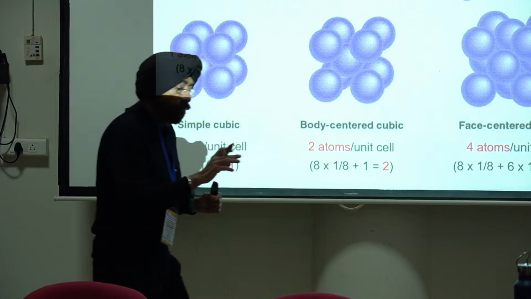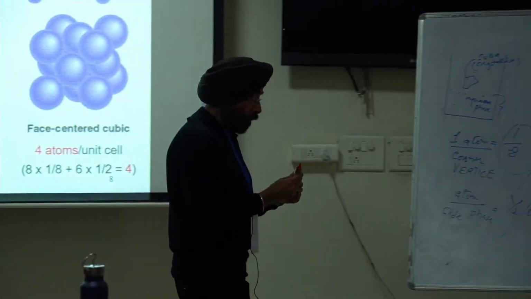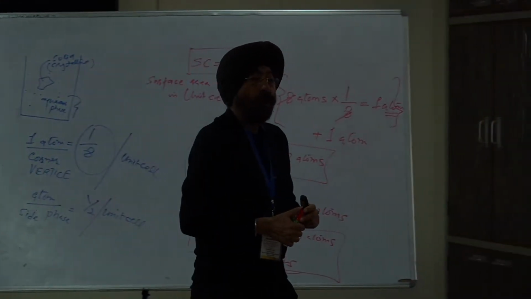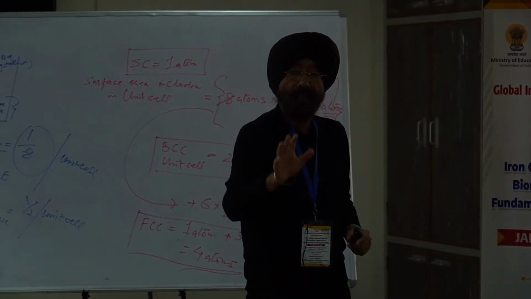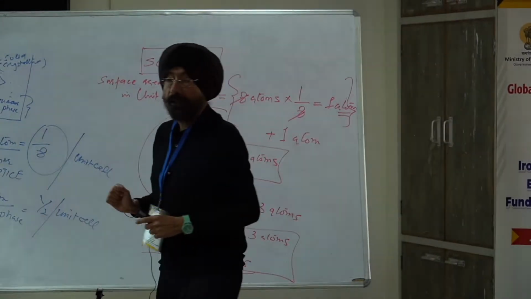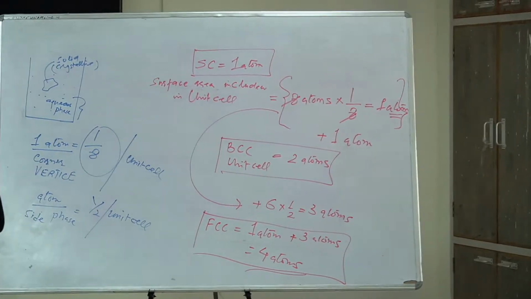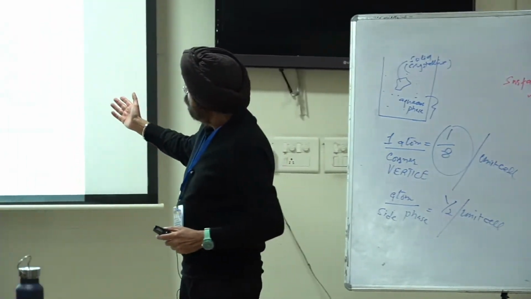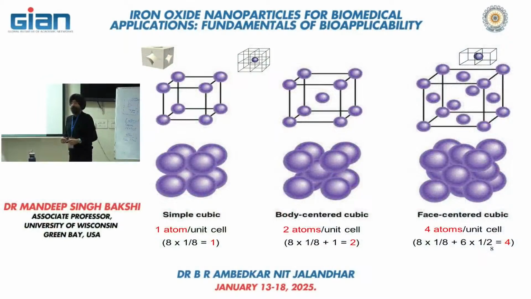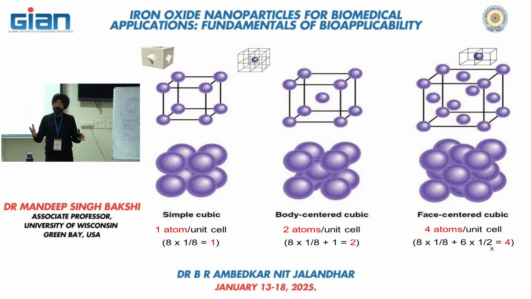So this is the fundamental definition of the solid state, and we will only focus our attention on the cubic structure. Suppose you ask me, this is the unit cell for a crystalline structure that has the cubic structure.